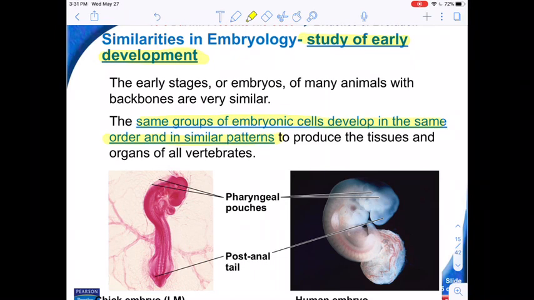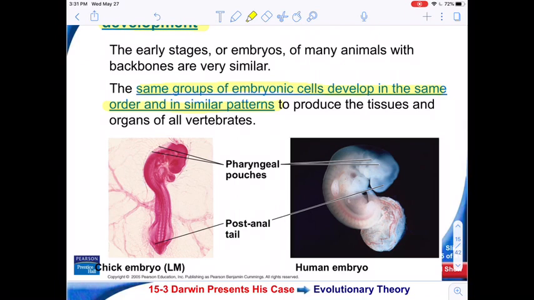If you look at these two pictures, we have on the left a chicken embryo and on the right a human embryo. And they have a lot of things in common. They both have a tail at the end, right here and right here. Pharyngeal pouches, which the arrows seem to be a little off here, but the pharyngeal pouches are here and here, which in both chickens and humans will give rise to the lungs that are going to end up breathing in air.